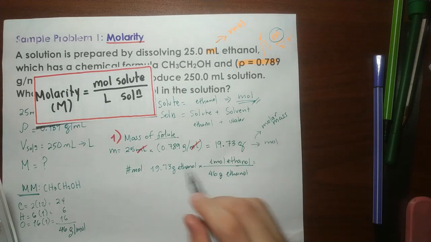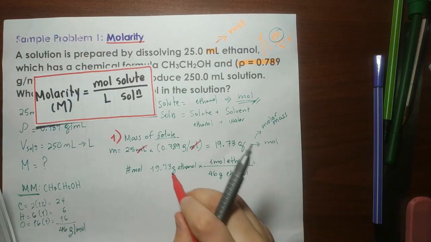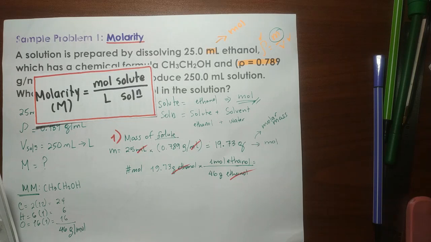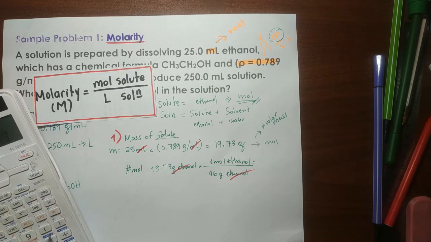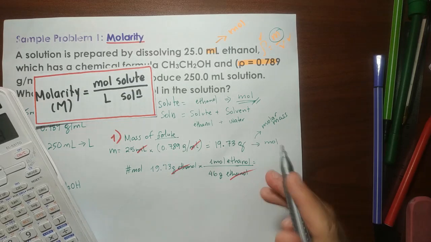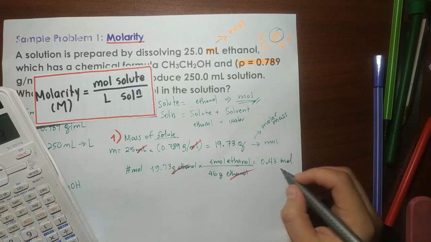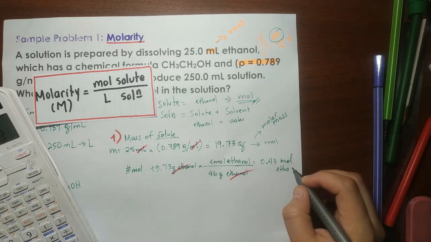Now I will cancel the same units that are in different positions, and I have 19.73 divided by 46. I have 0.43 rounded moles of ethanol. So this is my solute.